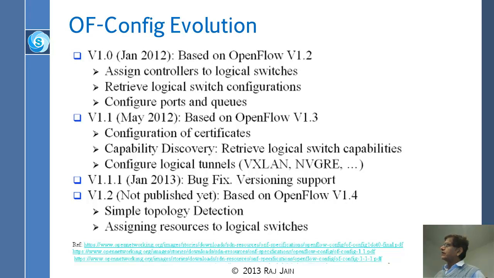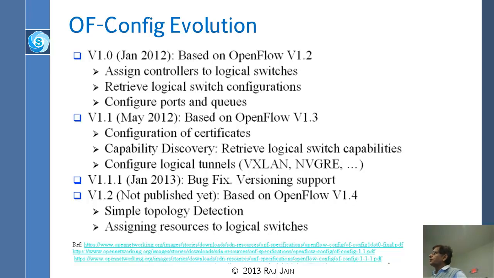It was also retrieving the capabilities of the logical switch. So the tunnels, etc., can be done with the configuration protocol. Then 1.1.1 is simply a bug fix. 1.2, which has not been published yet, is basically going to be doing a little more topology detection and assigning resources to logical switches.